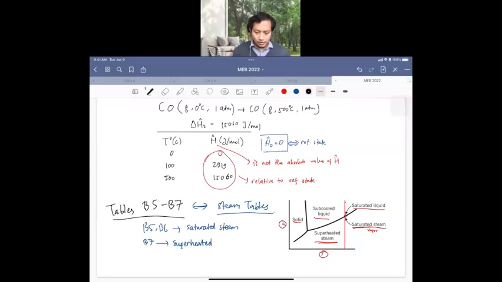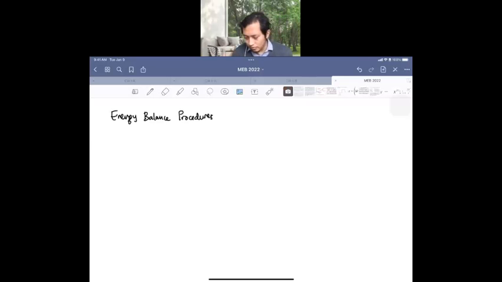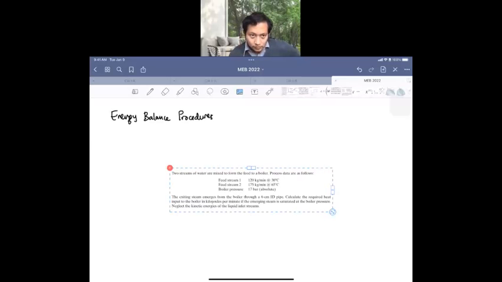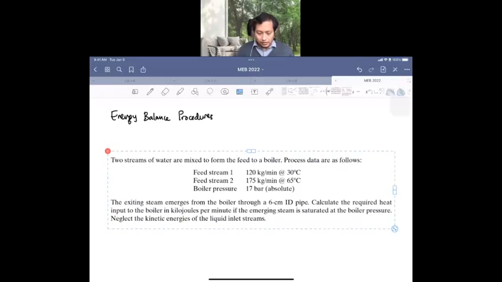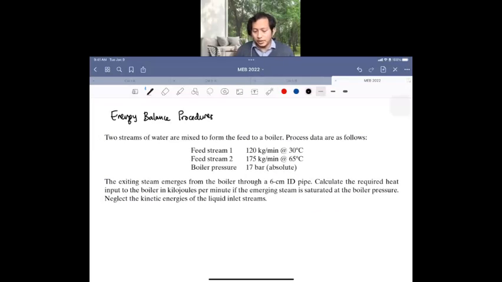Okay. Let me start today's lecture by taking on the energy balance procedures. If we have this problem set, we have two streams of water mixed to form the feed to a boiler.